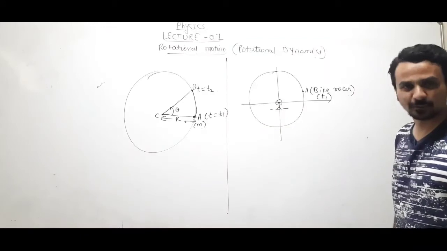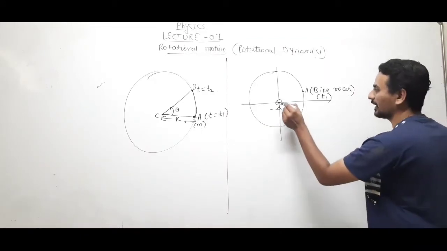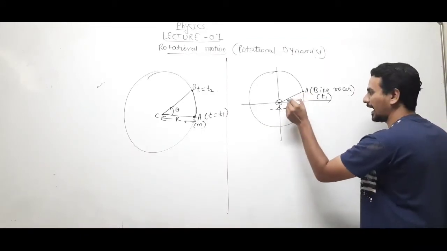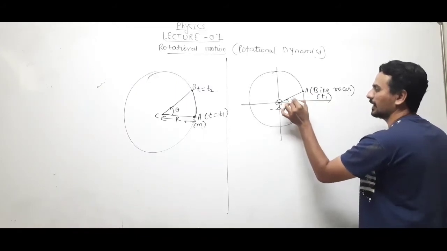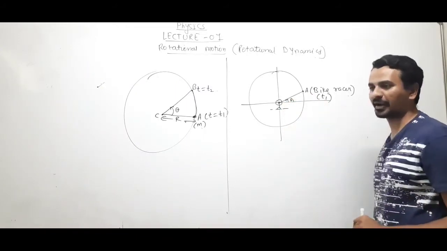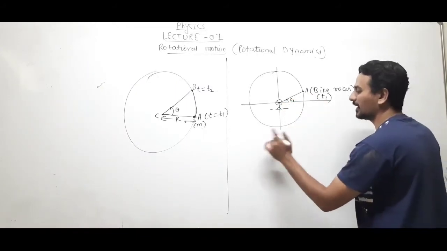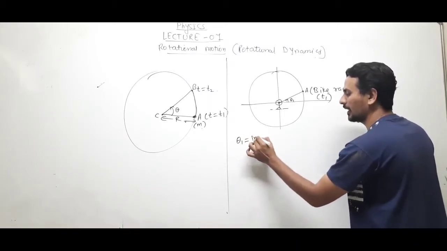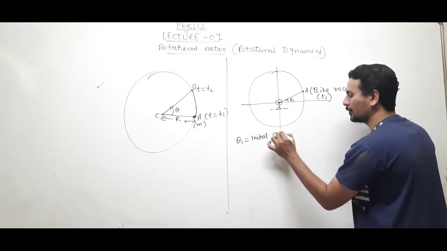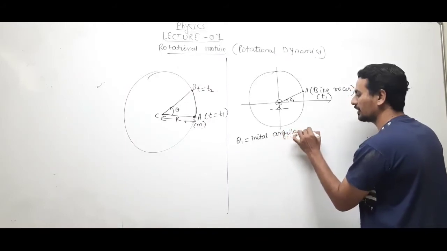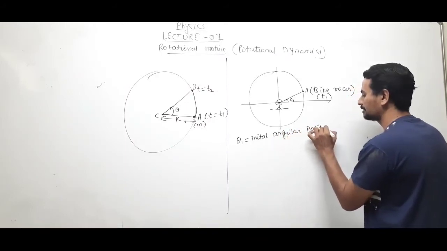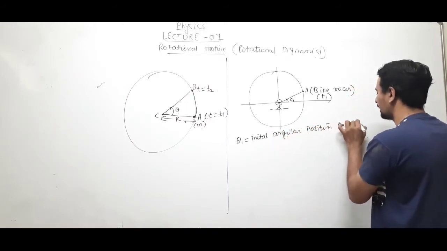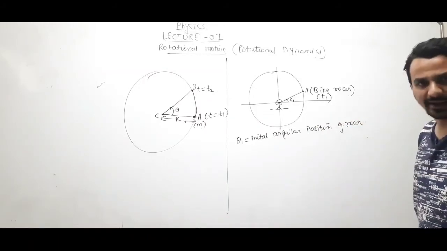I am looking from this point, right? So this is the initial angular position, denoted by theta 1. So theta 1 is the initial angular position of this bike racer.